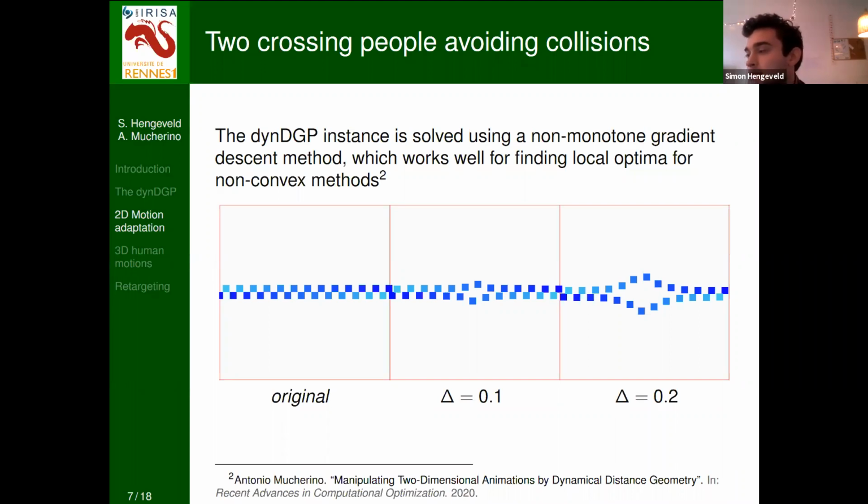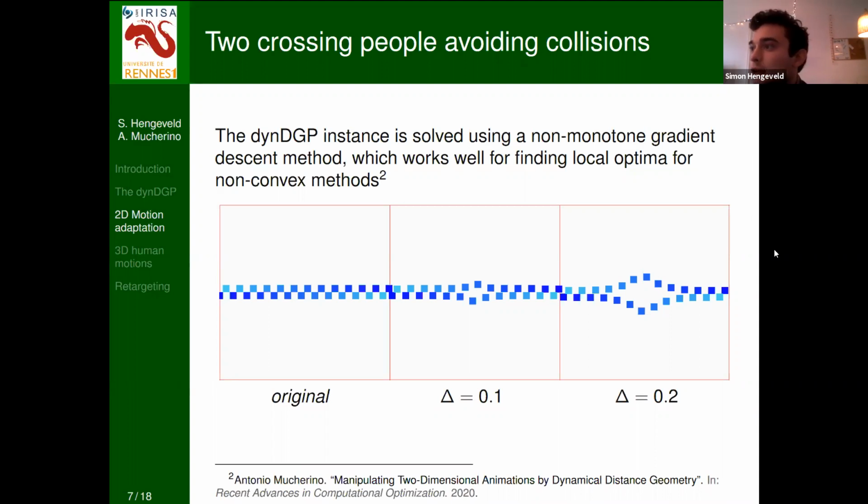In the picture, you see this animation 3 times. On the left, we see the original, and then on the right, you see 2 values for delta. You see that the squares start to avoid each other in the middle of the animation, because this is when they get close, and then they try to avoid each other because of this distance constraint that we added.